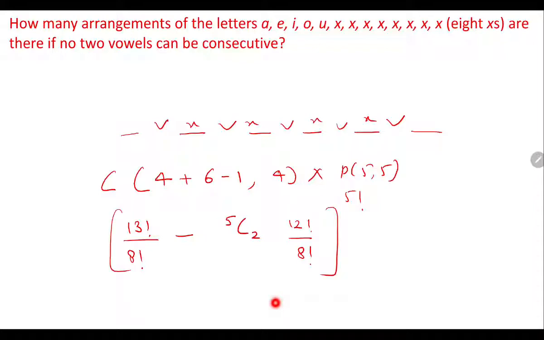Is this approach correct? Think over it, and you will realize that when you choose 5C2, for example AE comes and then X and then OU and the remaining comes. But when you choose OU, then X and AE, the same solution would get repeated. So this would have repetitions. It has some extra solutions, and that's why this approach is not correct.